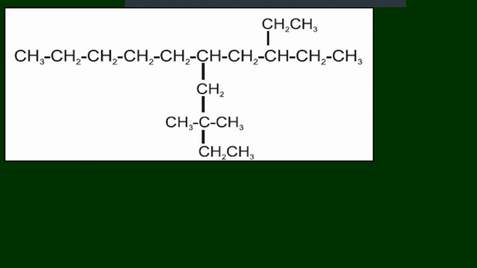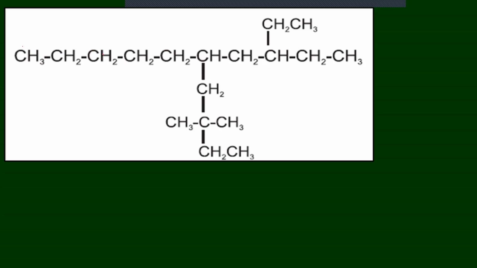Okay. So once again here, you have to apply the first rule of longest chain and then the numbering. So start analyzing and tell me how many carbons you can select in the longest chain. How many in the straight? 10. And I can go in the shape of Z also.